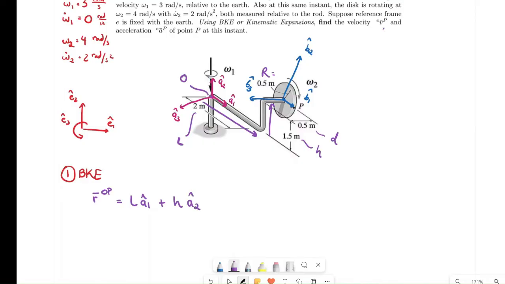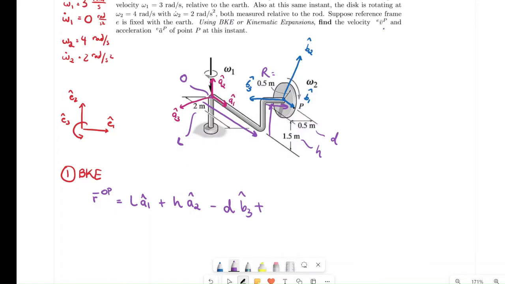And then I go a distance D in the negative B3 hat direction, because I'm going this way. And let's write that as negative B3 hat. And I'm also going a distance R B1 hat.